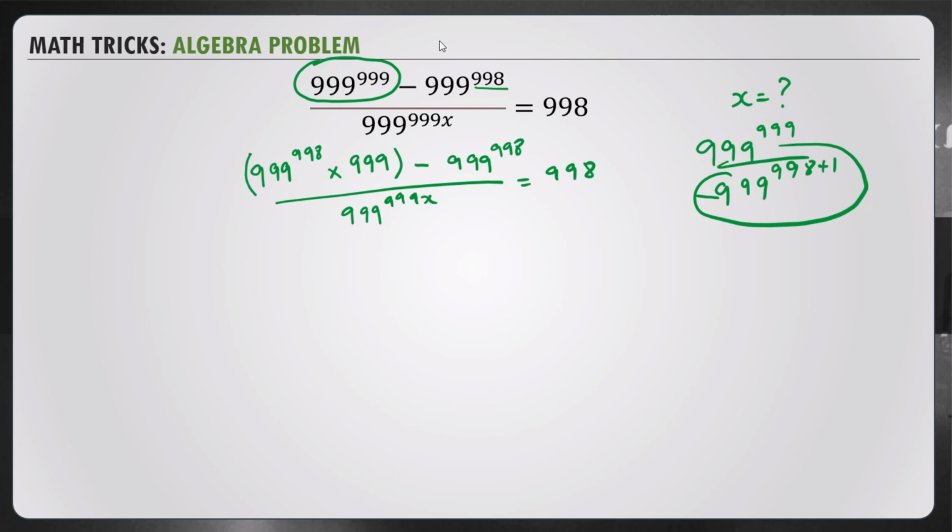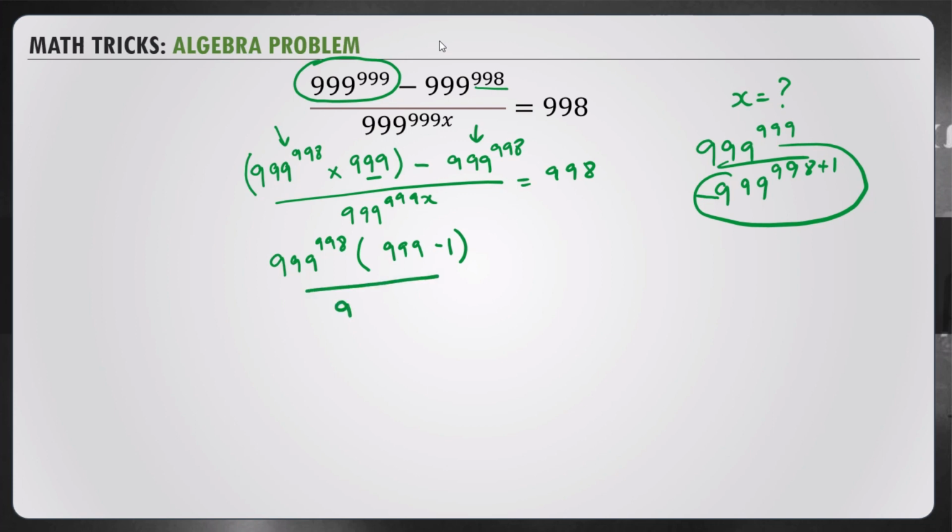Now you can see here 999 to the power of 998 and this are common. We can factor it out. If you factor it out, we get 999 to the power of 998, and we have 999 left over here minus 1.